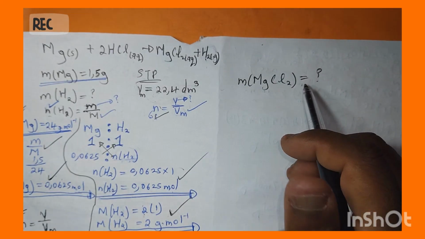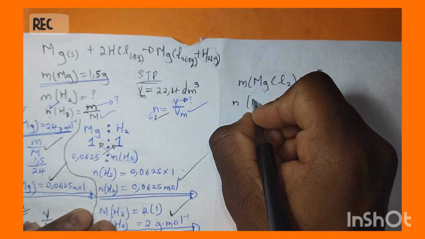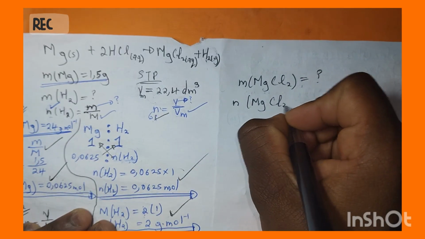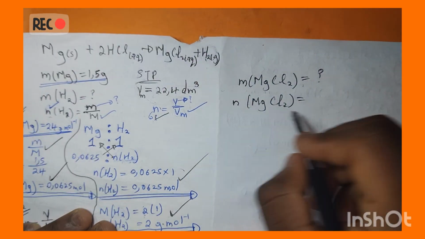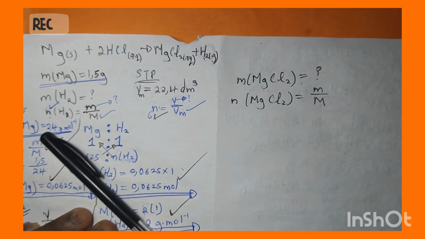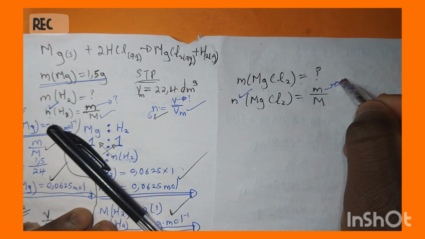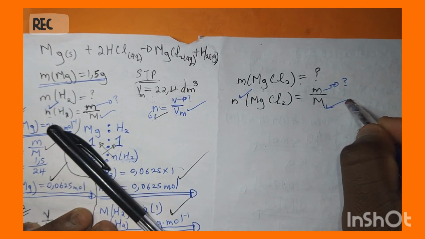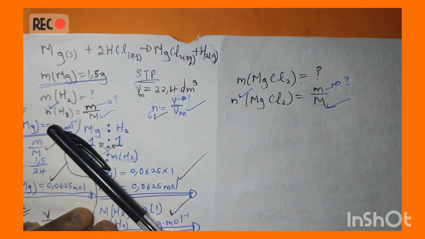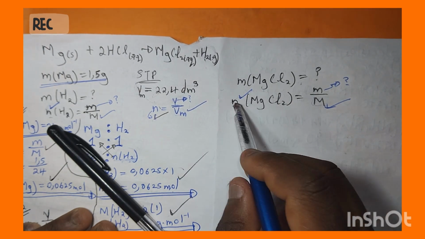A key thing, guys, that you should understand is that we should know the moles of this Cl2. If we can know the moles of this, we can get the mass, because the molar mass we will get from the periodic table. But how can we get the moles of this thing?